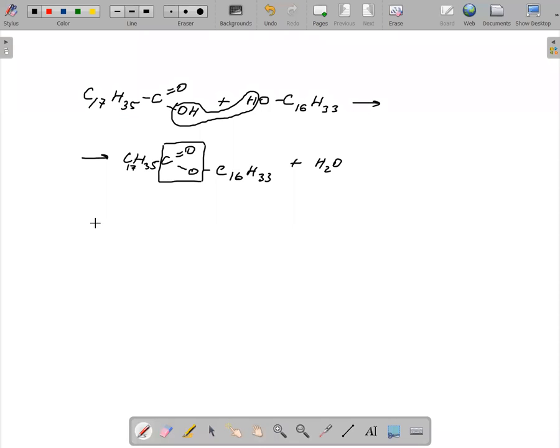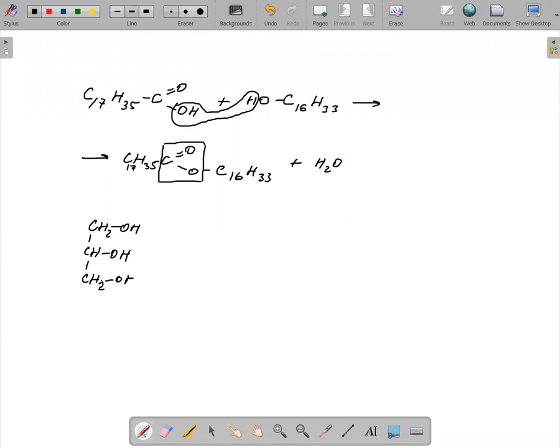The other type of simple lipid is fats and oils. The base of such lipids is glycerol, a triatomic alcohol.